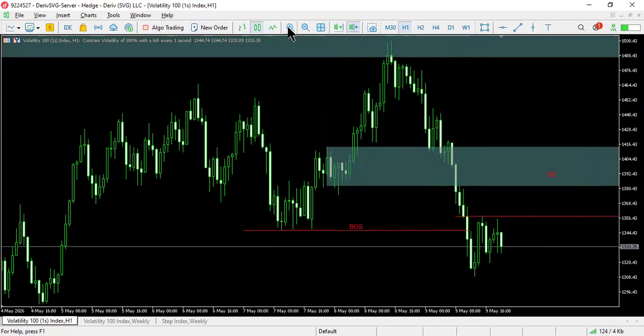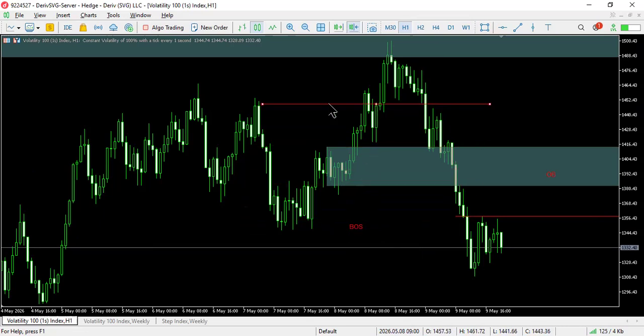So from the 1 hour time frame, if we are to adjust our break of structure, it's going to be at this level right there. So at that level, we have a break of structure.